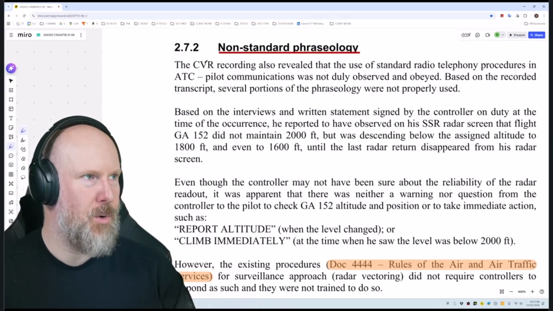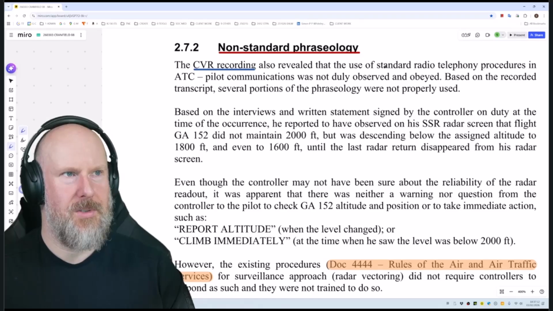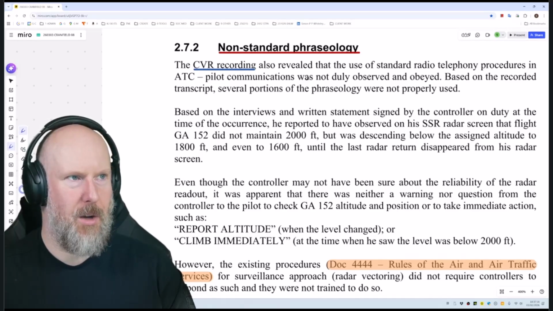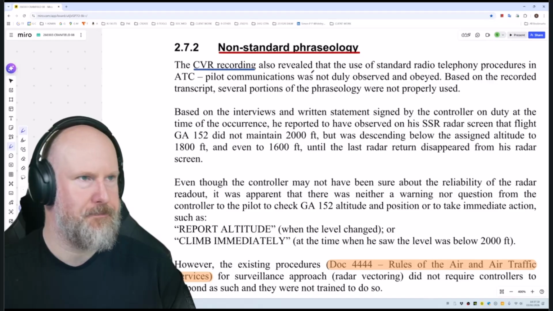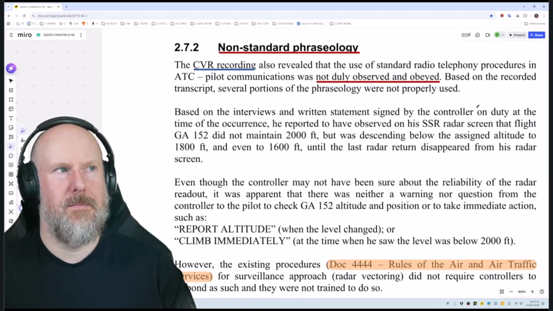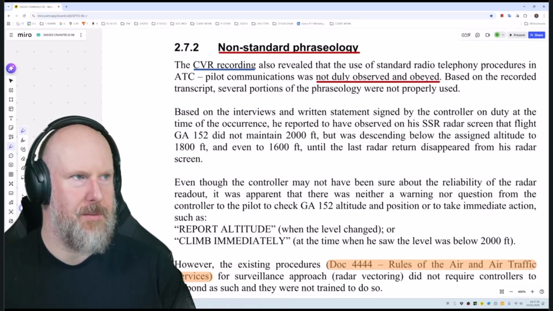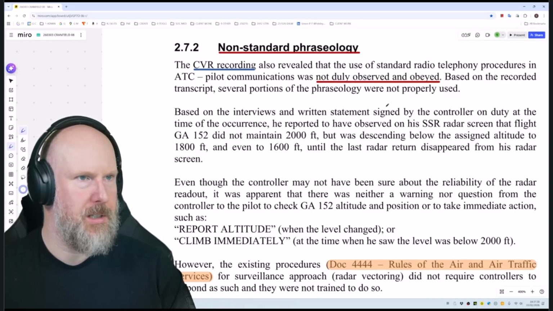The CVR recording also revealed that the use of standard radio telephony procedures in ATC-pilot communications was not duly observed and obeyed. Based on the recorded transcript, several portions of the phraseology were not properly used.